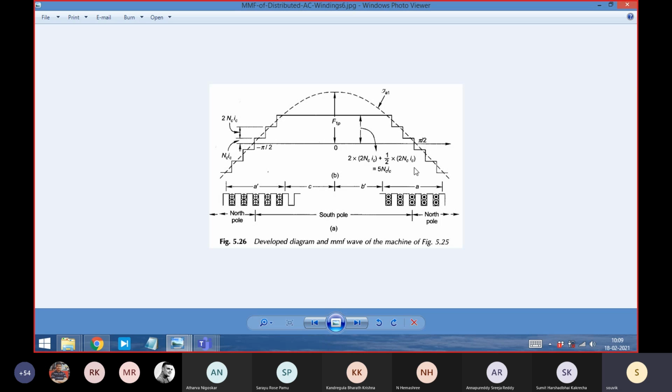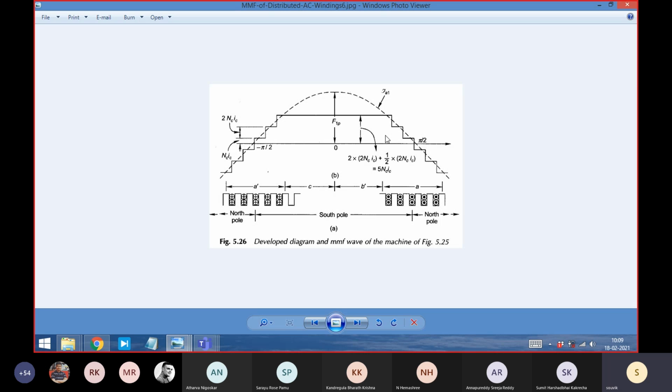This is how the distribution would be when you sum up all the MMFs, because the coils are distributed in space, so the MMFs that they create are also distributed in space. By this distribution, you can see that it is more or less approaching a sine wave in space.